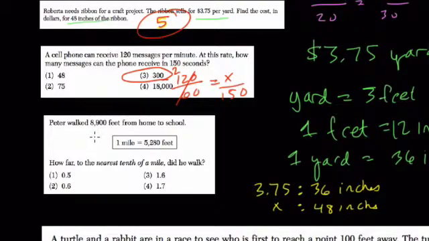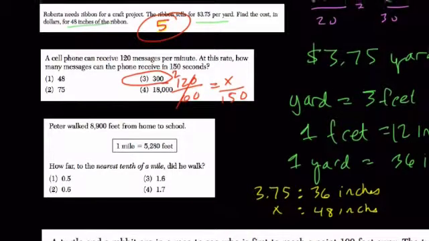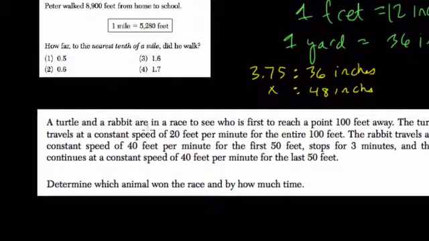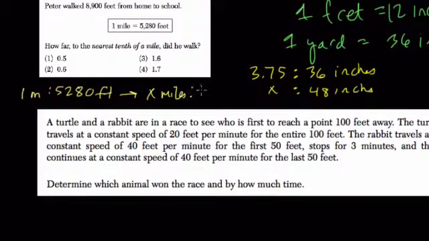Peter walked 8,900 feet. How far, in terms of a mile, did he walk? Well, it tells you here, I'll write it on the side, 1 mile is 5,280 feet. But we have 8,900 feet, so x miles is 8,900.